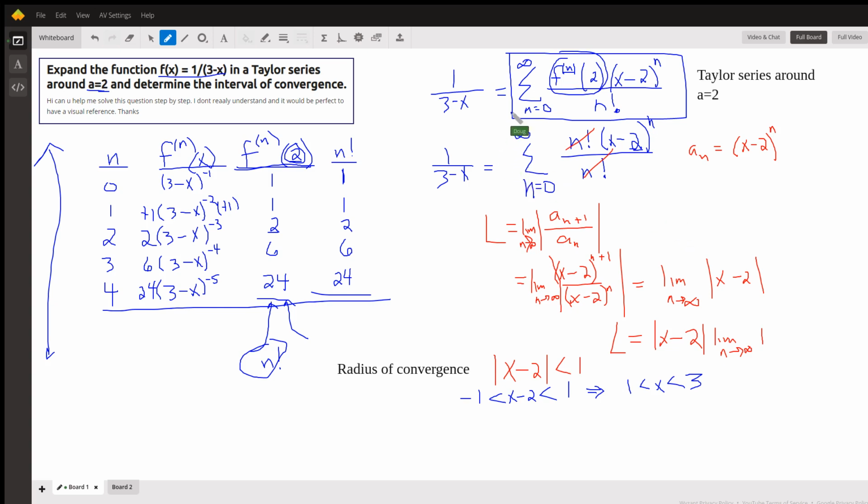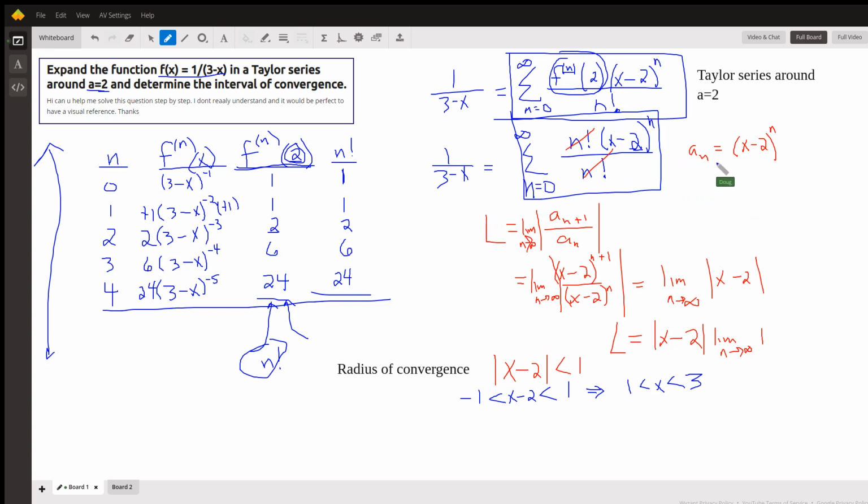So that's your Taylor series right there. It's actually a geometric series. So we could use a geometric series definition, a over 1 minus r, where r is less than 1 in absolute value, to find the interval of convergence. But let's do it with the ratio test.